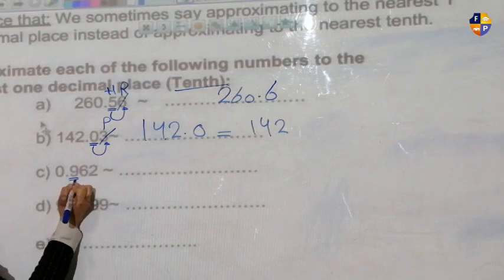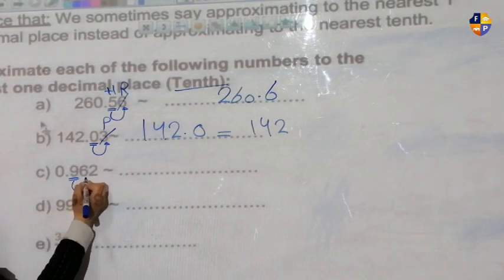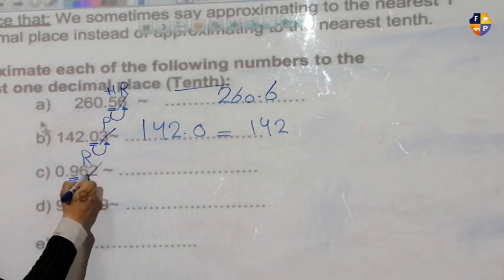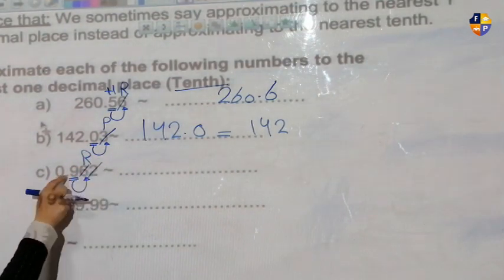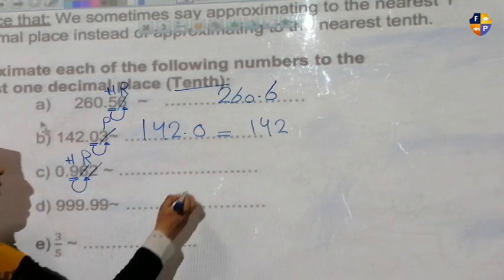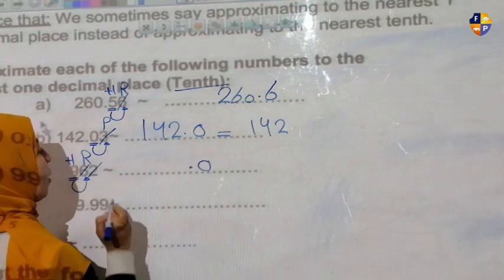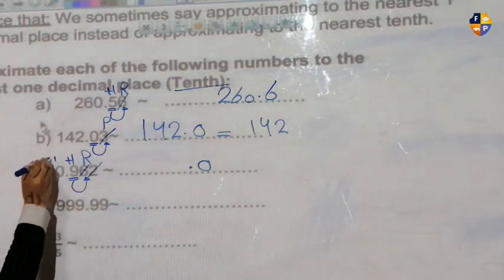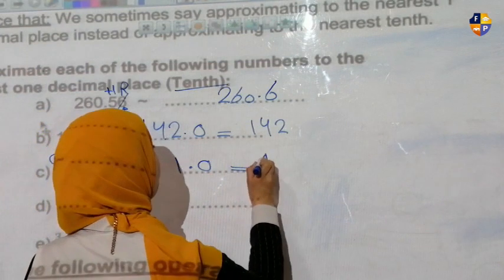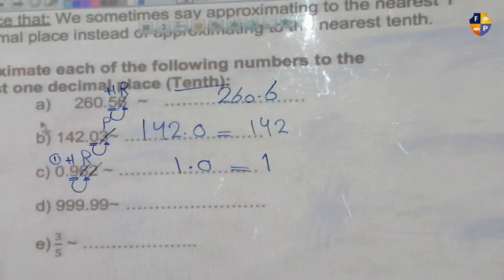Underline the digit in tenths. Look at the digit after tenths. 6 is rich. Cancel all the digits to the right of tenths. Add 1 to tenths. 9 plus 1 equals 10. 0, then put the decimal point, carry 1. 1 plus 0 equals 1. 1.0 equals 1.